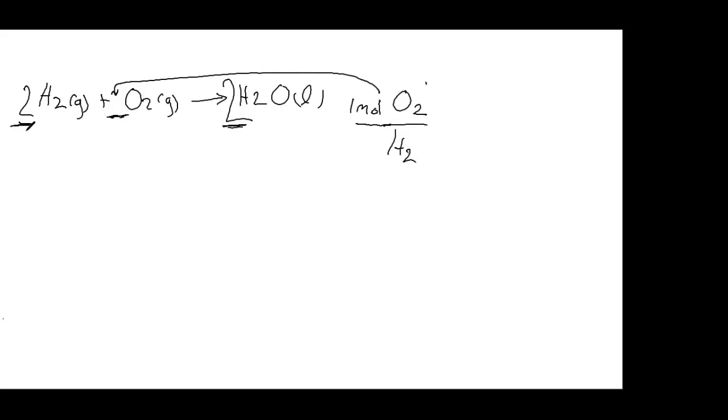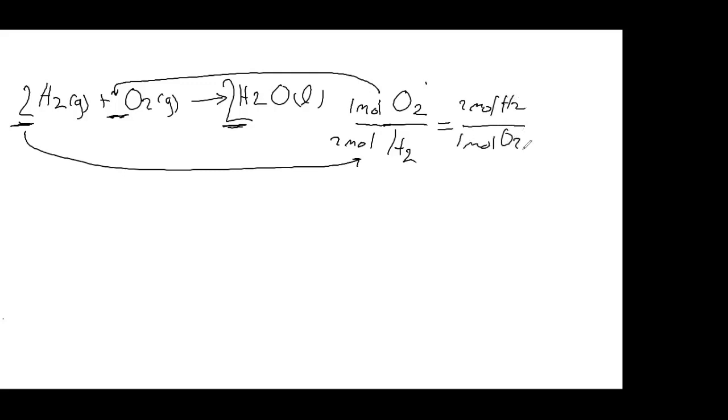What about H2? I get it from the balanced chemical equation, so it will be 2 mole H2. So this represents the mole to mole ratio between O2 and H2. We will use this later as a conversion factor, and there is no problem if you flip it. So I can say 2 mole H2 for every 1 mole O2.